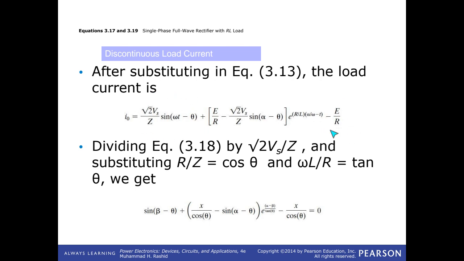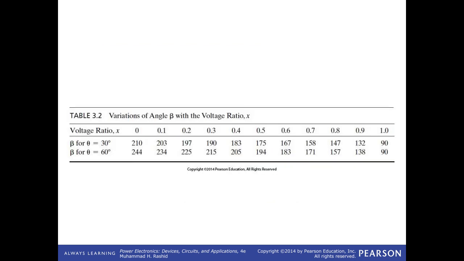And to make it simple, they derive that equation. Don't try to solve it. You can't solve it. Only iterative methods are required in order to obtain beta. Yeah, that's right.